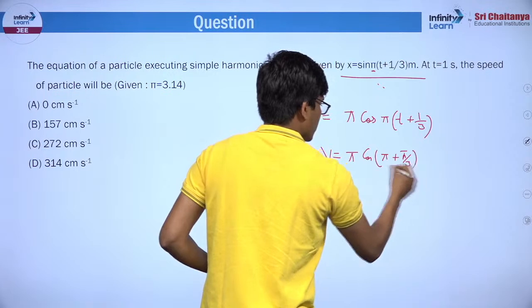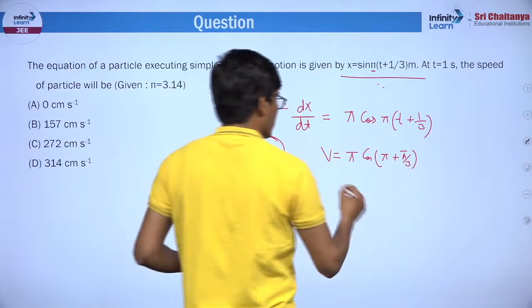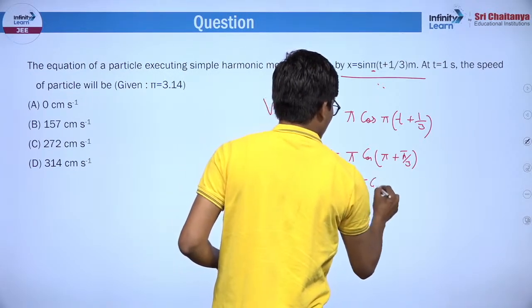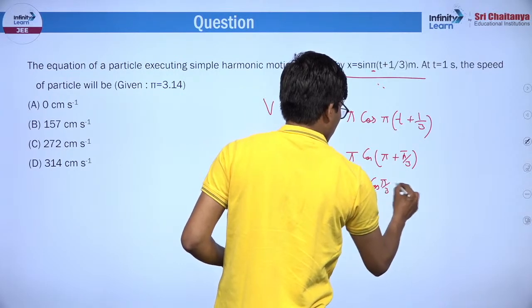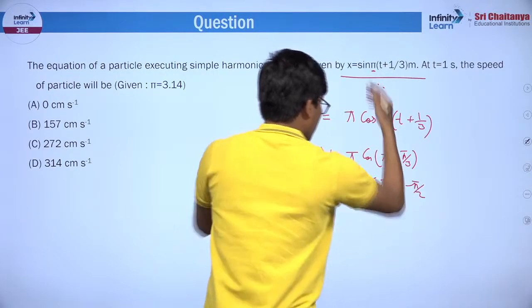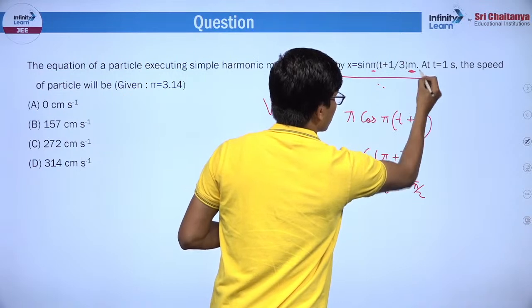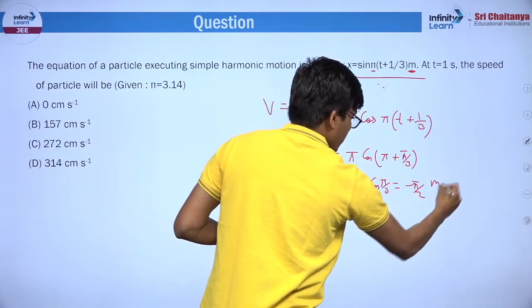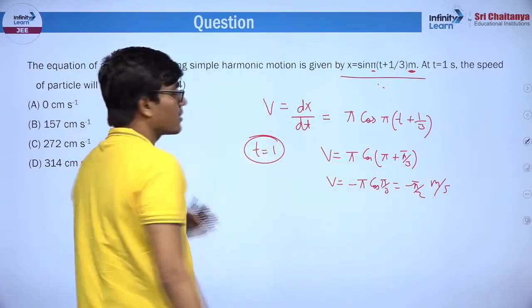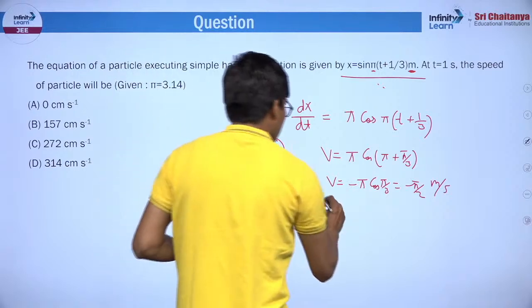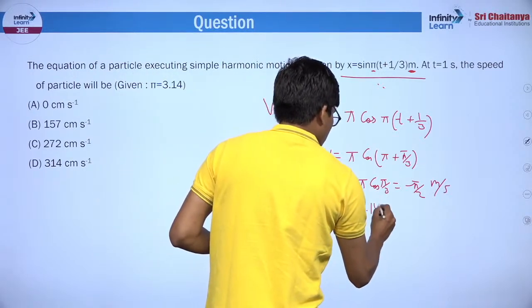I hope you know ASTC rule. Pi plus pi by 3 means third quadrant. In third quadrant cos is negative. It will be cos pi by 3, so minus pi by 2. Everything we have, this is given in meter, right? So this answer will be in meter per second, but the options are given in centimeter per second. So just multiply this with 100.